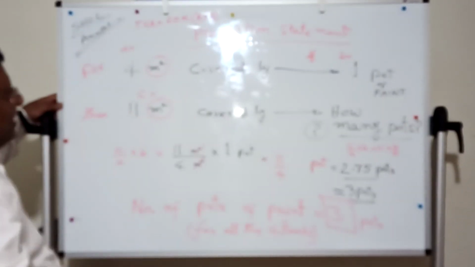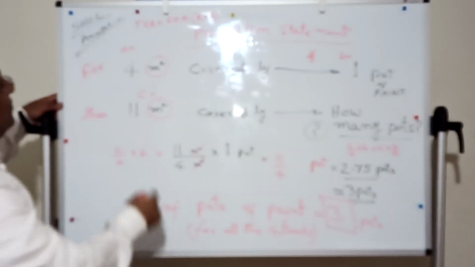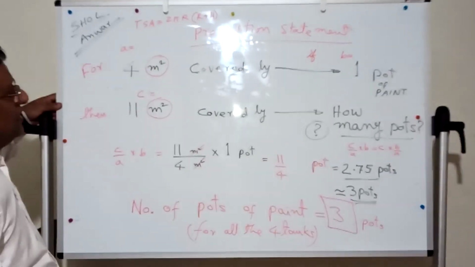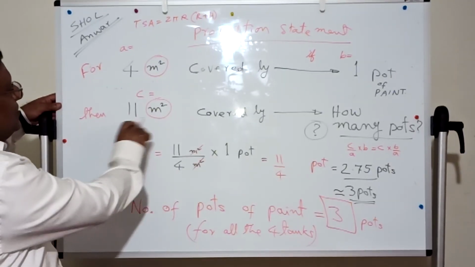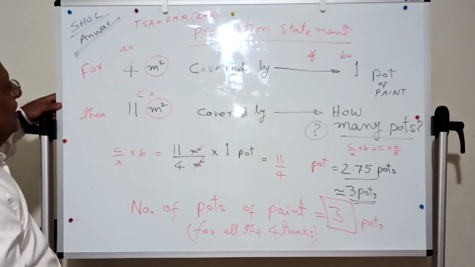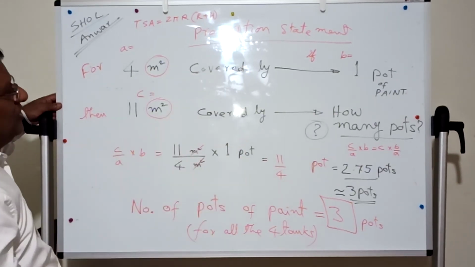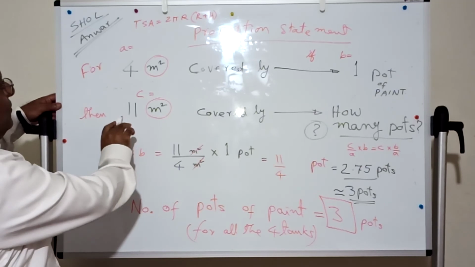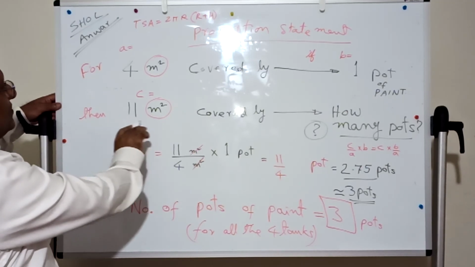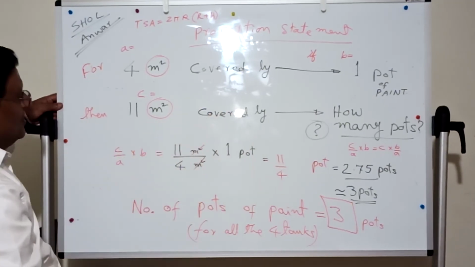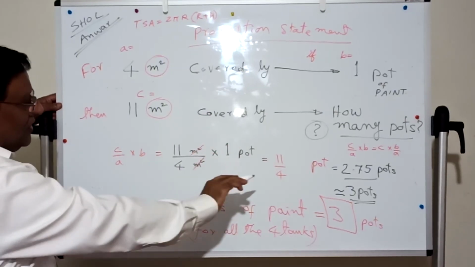Get it, and then multiply by 4 for complete area, that is coming as 11 square meters. So for 4 square meters, if you need one part of paint, a total of 4 tanks with area 11 square meters, how many parts? This is how you proportionately calculate.